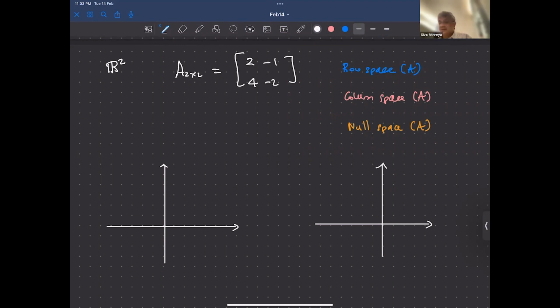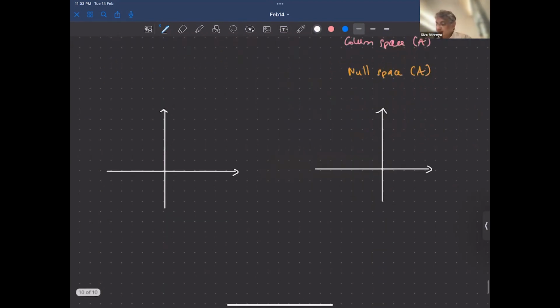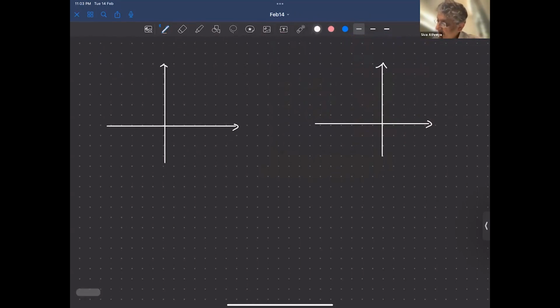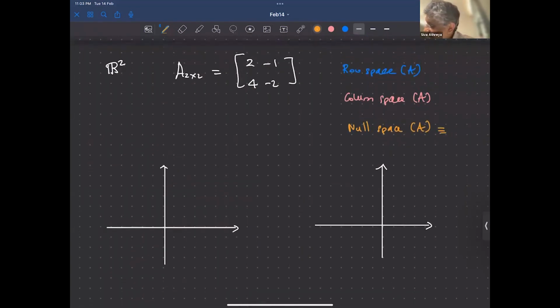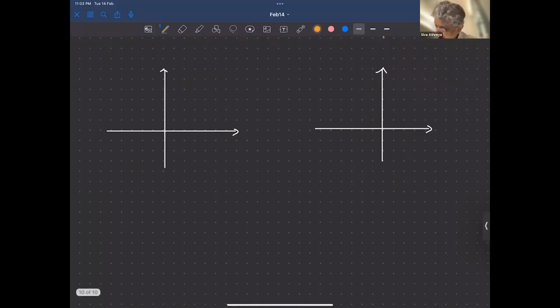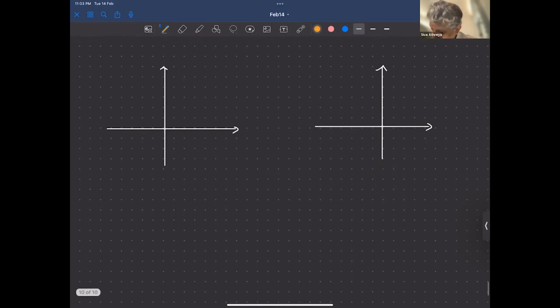Let's try and understand null space first. What's the null space of A? Let's call this N of A. N of A is the set of all x in R2 such that A times x is 0.